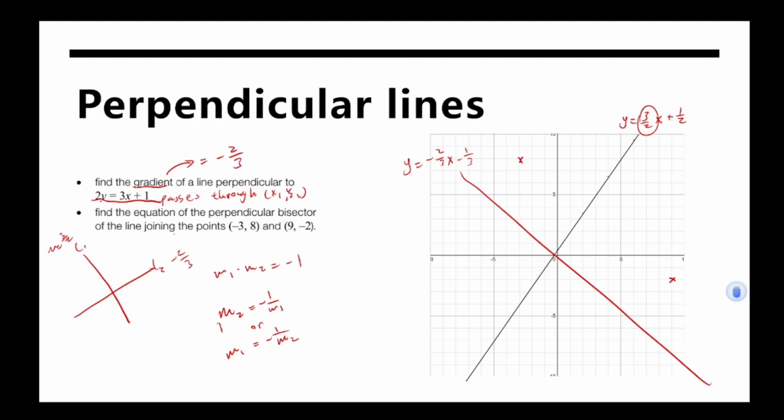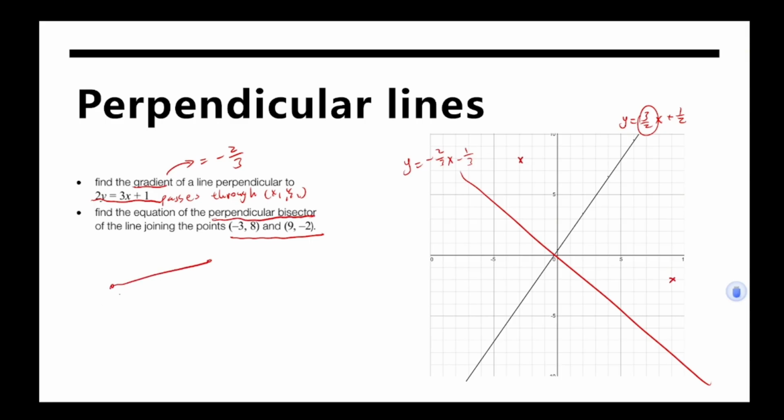Now move on to the second question. Find the equation of the perpendicular bisector of the line joining points (-3, 8) and (9, -2). So first you need to know what a perpendicular bisector is. For a line segment, which is a line that has definite ends, a perpendicular bisector is a line perpendicular to the target line that passes through their midpoint.